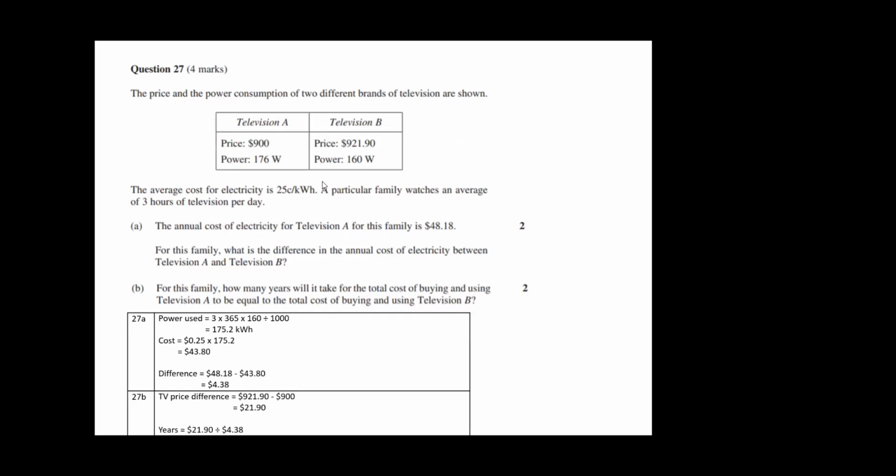While we're on this part here, it gave in part A the annual cost of television A. Too many students actually went and recalculated that, or tried to recalculate that and didn't even come up with the same answer, didn't realise there was an issue there.